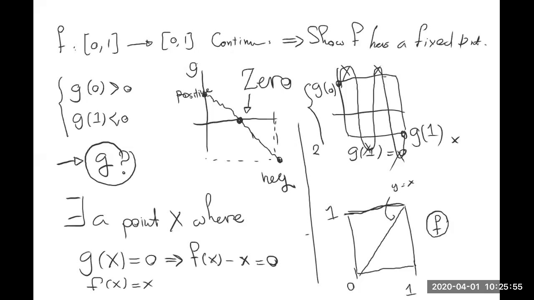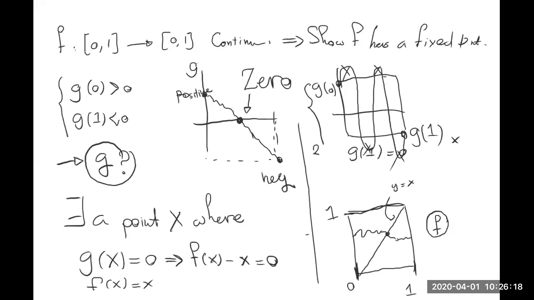And when you have a graph of a function going from 0 to 1, at some point it has to cross this line, right? It can't jump over this line. It has to cross this line at some point, and that point is going to be the intersection point.